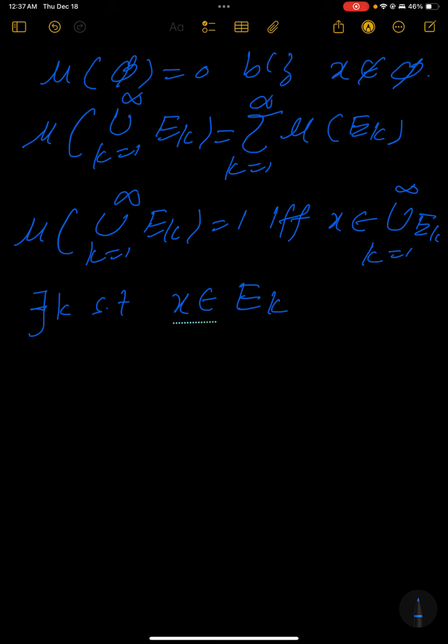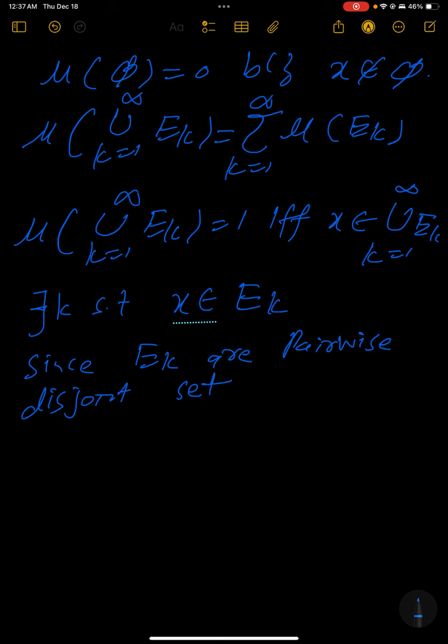Okay, so now we know that Ek are pairwise disjoint. So if x belongs to Ek, it will belong to exactly one of the Ek. Okay, since Ek are pairwise disjoint sets in the sigma algebra, there exists a unique k such that x belongs to Ek.